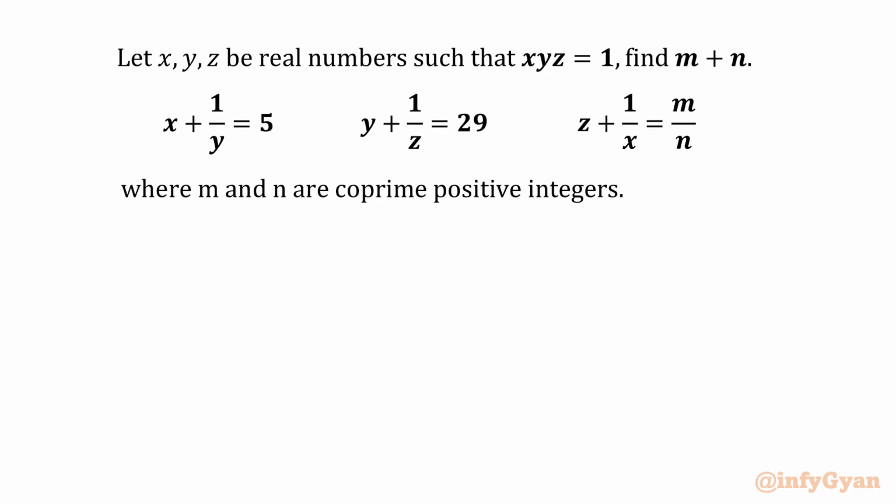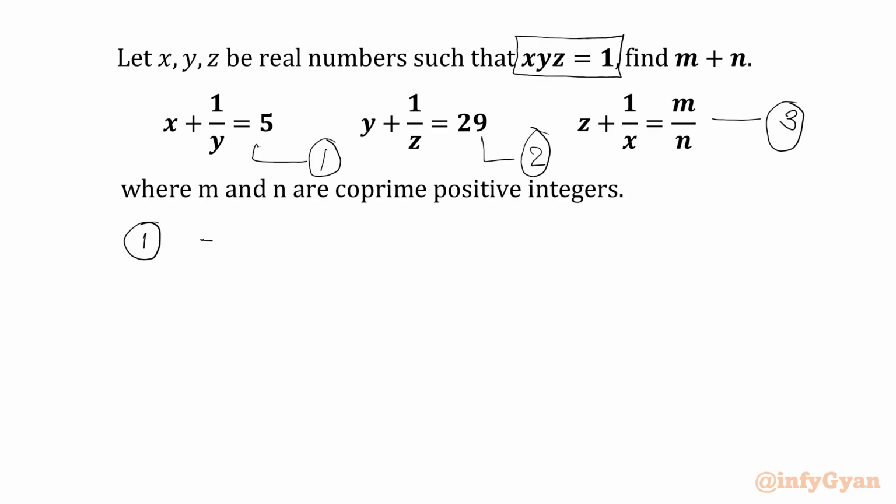So let's get started by considering this is our equation 1, this is our equation 2, and here we will write equation 3. x times y times z is also 1. So I will perform operation 1 plus 2 plus 3.